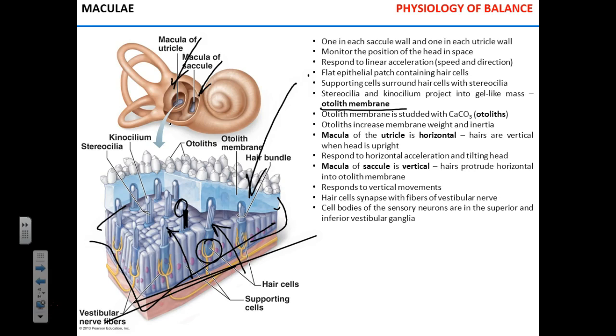The otolith membrane contains a number of tiny stones called otoliths, which can be translated from Greek. Oto means ear, lith means stone. Those are calcium carbonate. The function of the otoliths is to make the otolith membrane heavy and to increase its inertia.